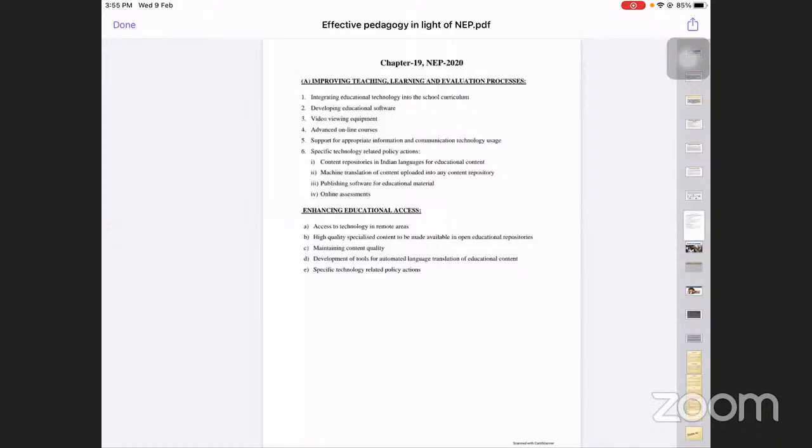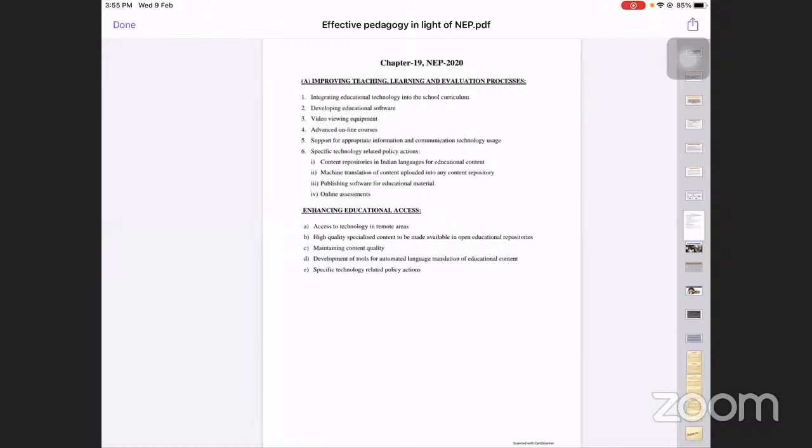So advanced online courses support appropriate information and communication technology usage, specific technology related policy action, content repositories in Indian languages for educational content, machine translation of content uploaded into any content repository, publishing software for educational material, online assessment.